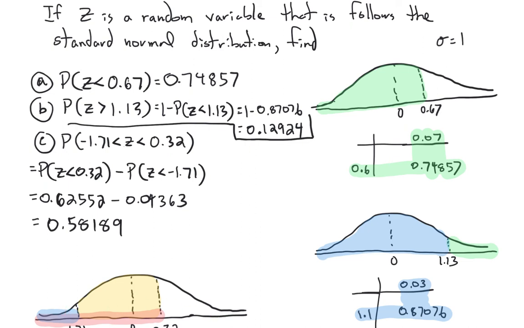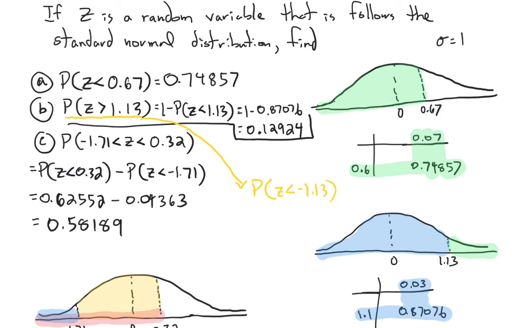So that's really useful to know. And I just want to talk about another way of solving for this one, for part B, that is. Remember that this distribution is symmetric about the mean. So another way you could do that is realize, since it's symmetric, this is the same problem as finding the area below negative 1.13.